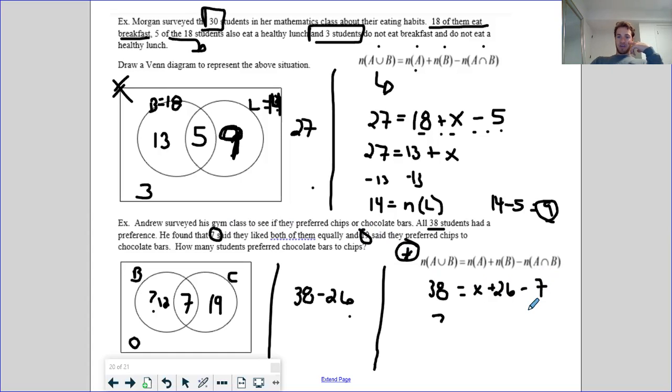All right, so 38, and then we would get x plus 19, minus 19 on both sides, so x is equal to 19. And then you guys would be able to fill in the information from there. Okay, moving on.